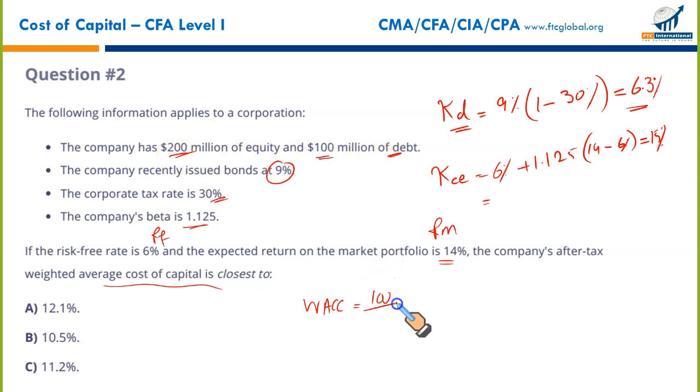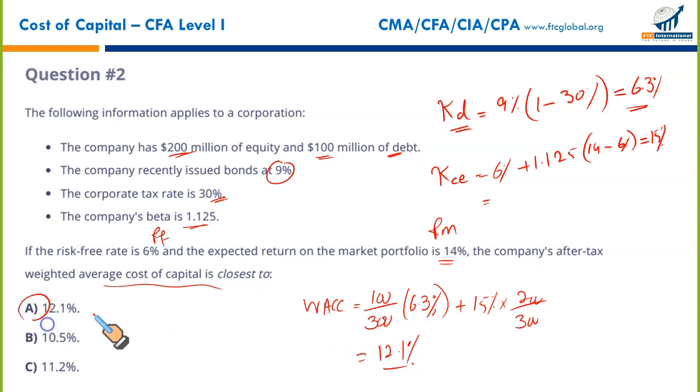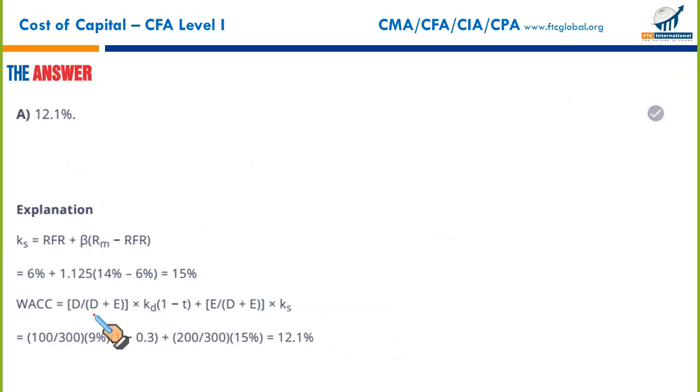This proportion of debt is multiplied with the cost of debt, which is already after tax, no further computation needed, plus the cost of equity 15% with the proportion of equity being 200 out of 300. If you simplify all of this, you will get your right answer: 1/3 times 6.3 plus 2/3 of 15 gives you a total of 12.1. This is your weighted average cost of capital given in option A, and that's your right answer.